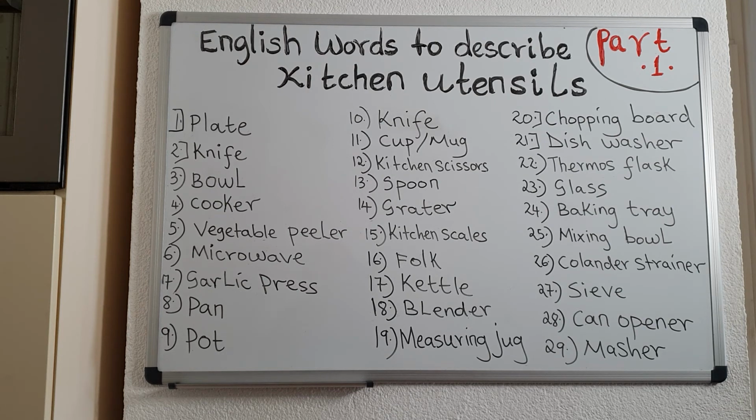Now, the next word is dishwasher. Dishwasher. A dishwasher is the piece of equipment that we use to wash the plates, the cups, the knives, and so on.